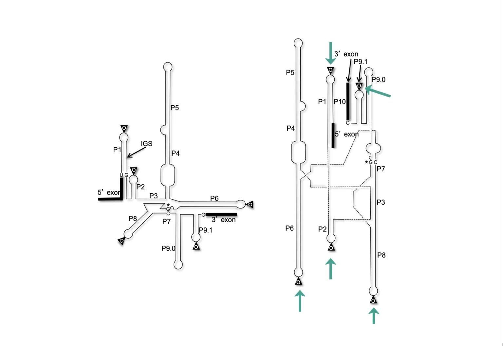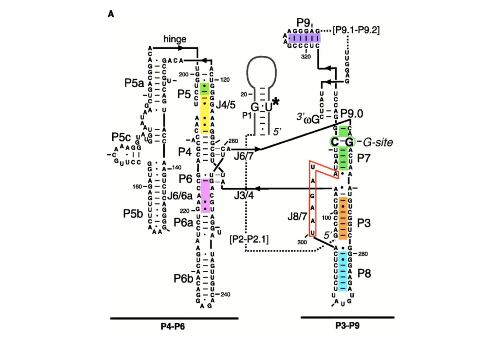Again, you can see the little triangles with O's in them. Those are open reading frames, often encoding a transposase, which is an endonuclease in this case. Here is just another view of that, showing the P456 as a scaffold with some conserved regions indicated in purple, and then P1 is in the middle with the special GU pair, which is where the intron-exon border is.